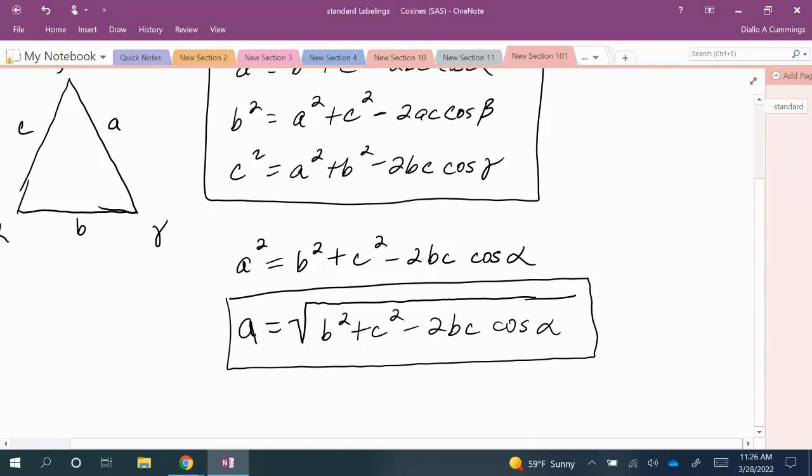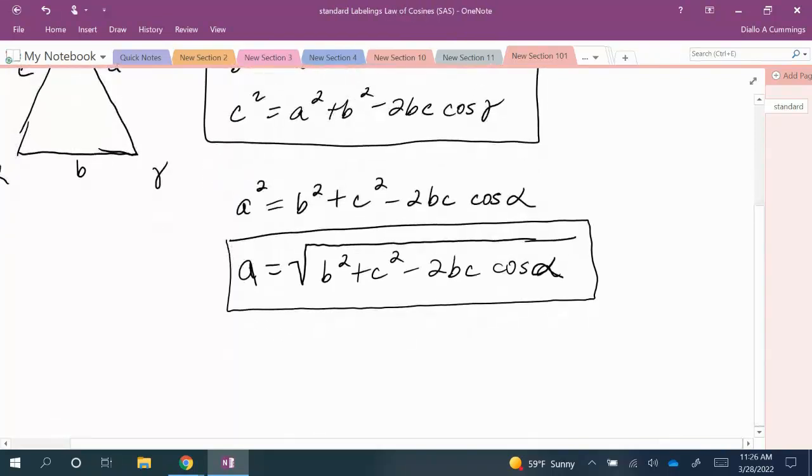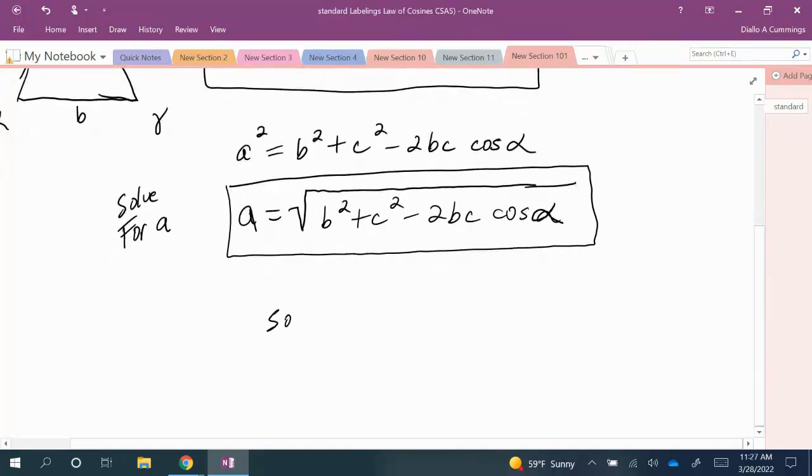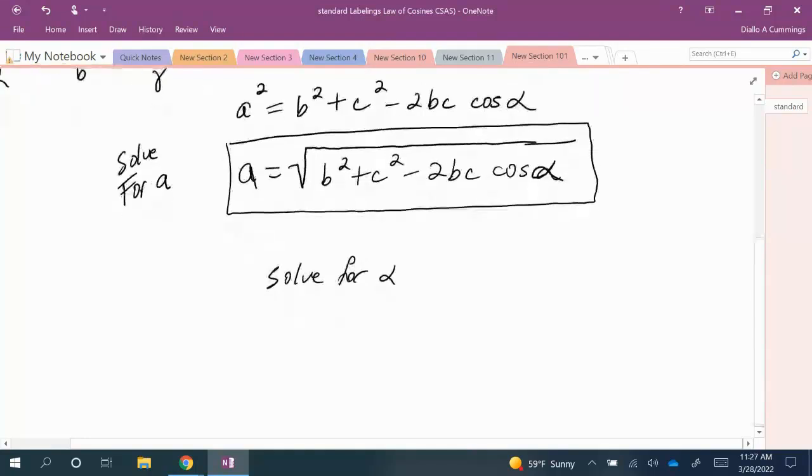I could also take this formula and solve it for angle alpha. Here I solved for A, here I'm going to solve for alpha. I'll actually derive the first formula, but I'll just write out the other formulas.